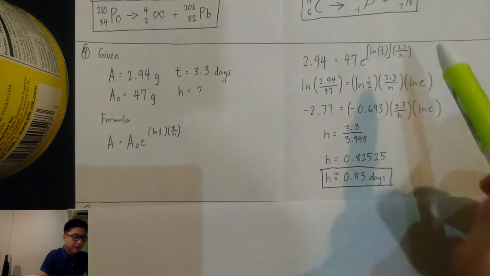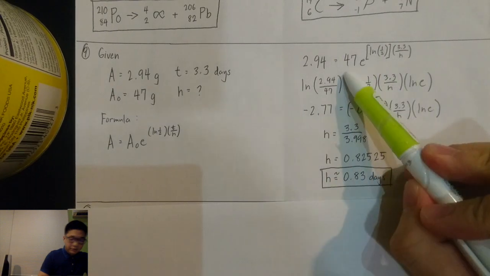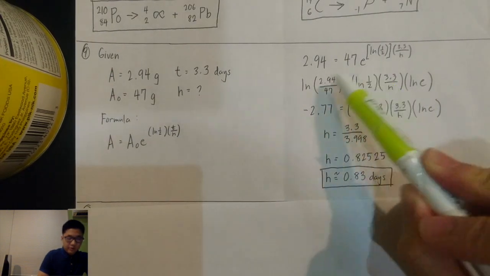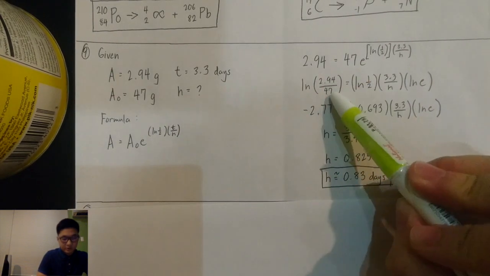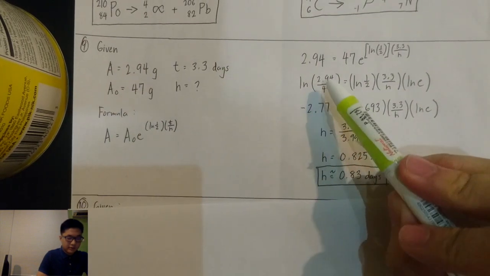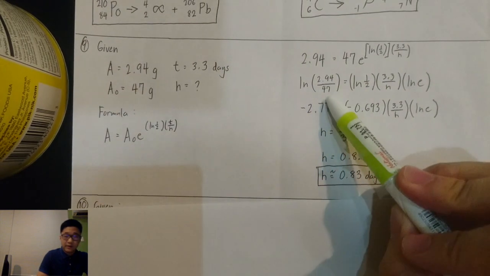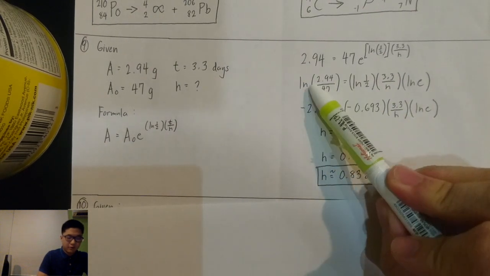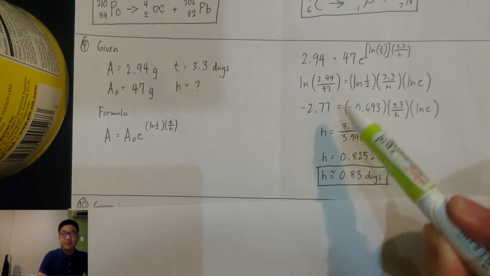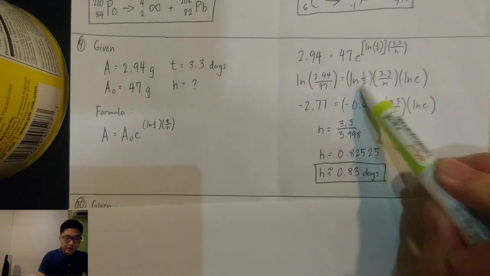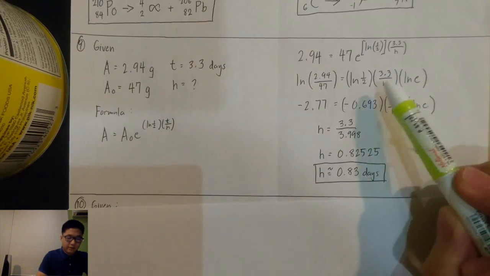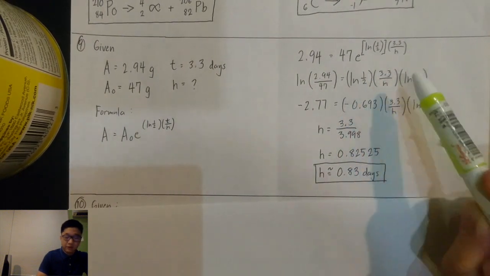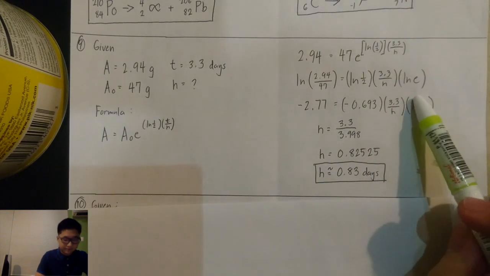So again, what you first do is divide both sides by 47. So 2.94 divided by 47. Then we get the ln of both sides. So ln of 2.94 divided by 47 is equal to ln 1/2 times 3.3 over h times ln e.